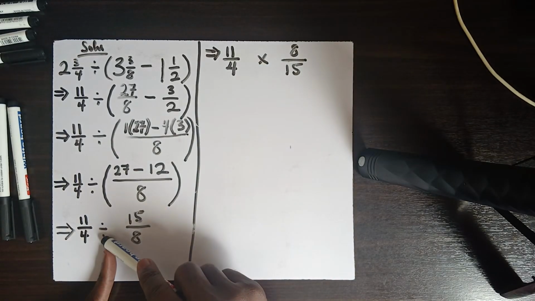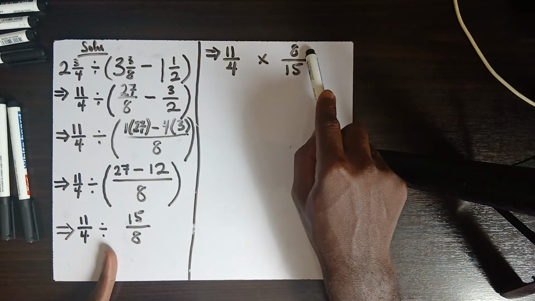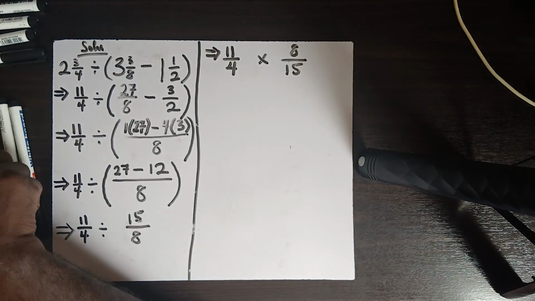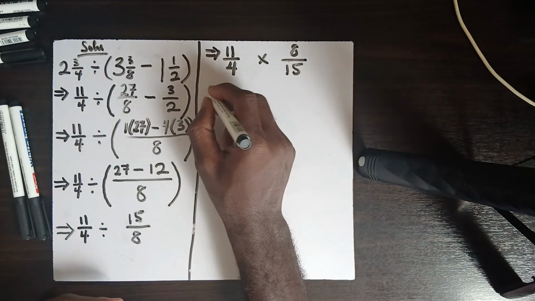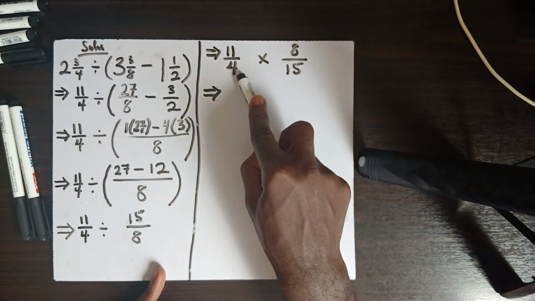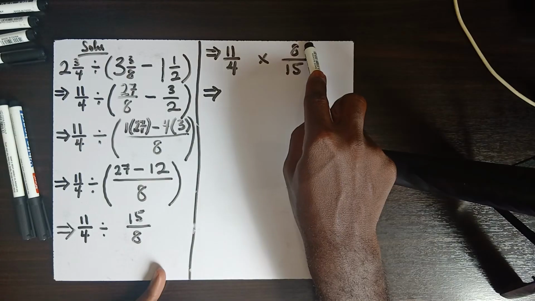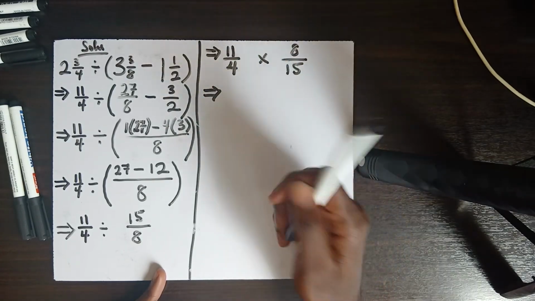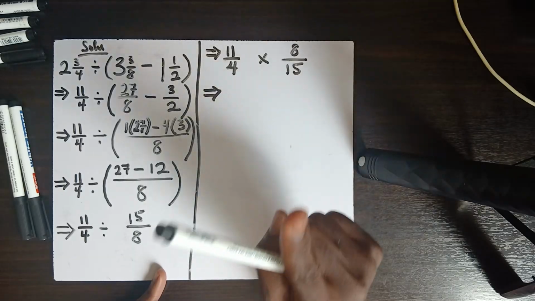So now the division symbol is now multiplication because we have reciprocated the fraction. Alright, so let's simplify this further. You can see from here that down here we have 4, at the top here we have 8, and we know that 4 can cancel 8 2 times, and 4 can cancel itself once.